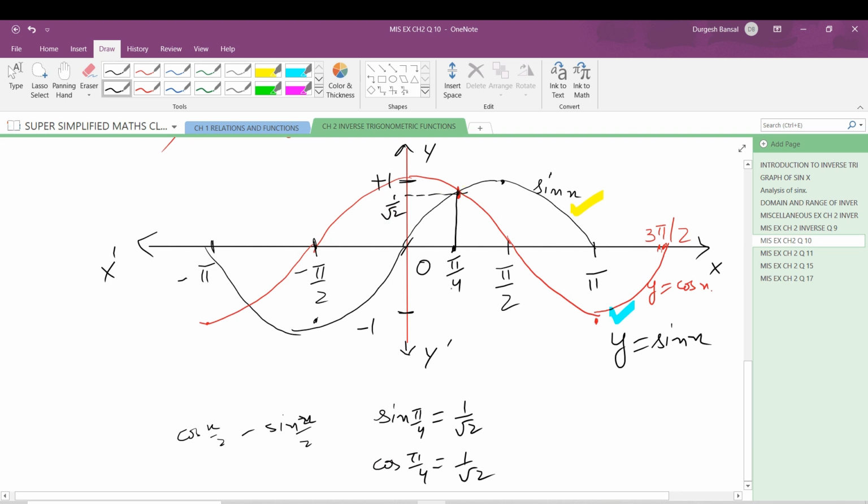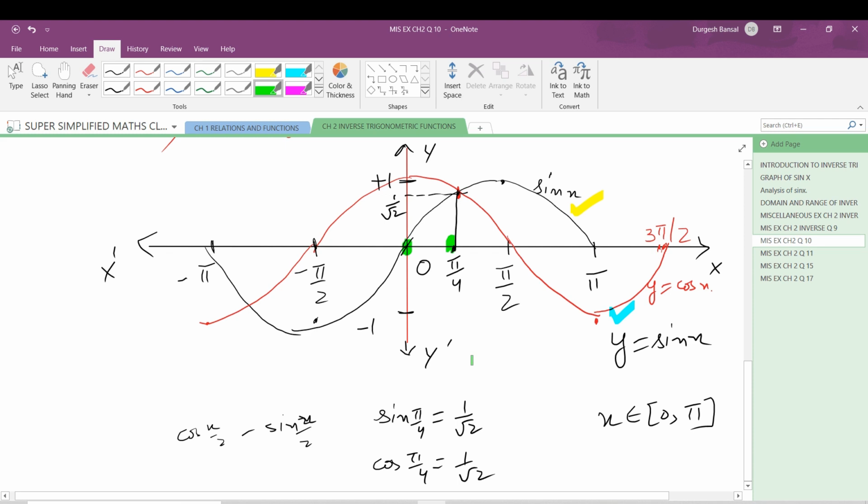Now in the previous question, it was given that x belonged to the interval 0 to pi by 4. So in that interval, you are going to consider x only from here to here. From this portion to this portion, you have to see out of these two curves, red one and black one, which has the higher value.